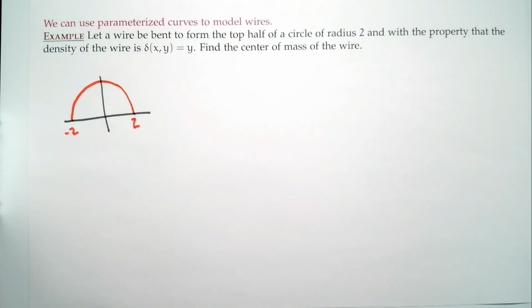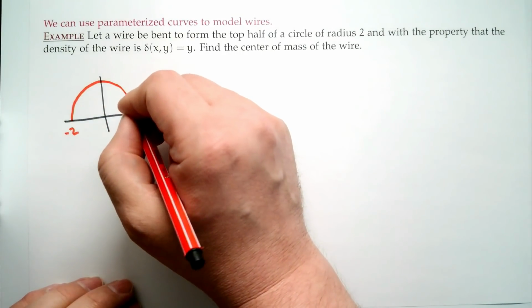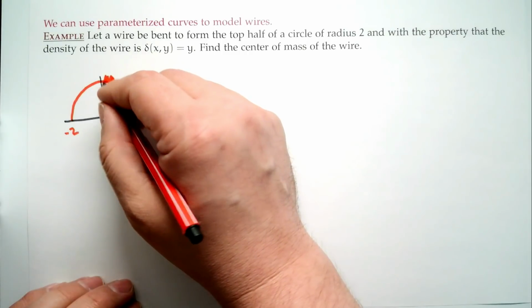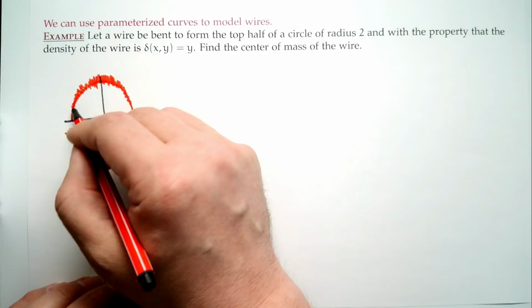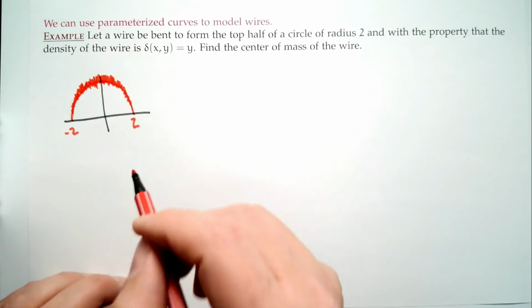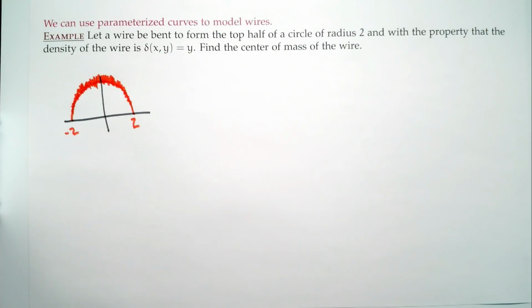If we were to draw this more accurately, we could say the further up we go, the more dense we get. So it's much more dense at the top, and less dense as we get back down. So we should expect to be somewhat biased towards the top. But we'll find out later on. Okay, so how do you find mass?